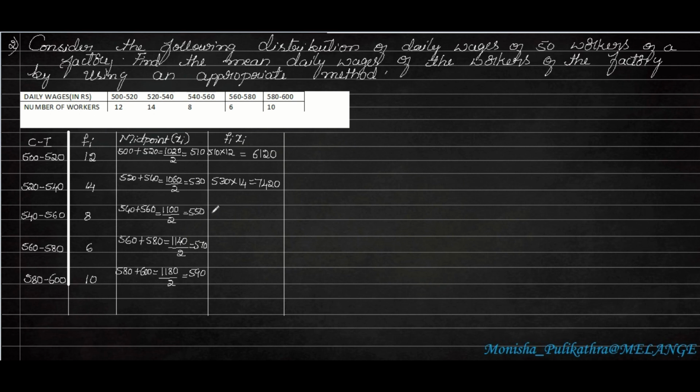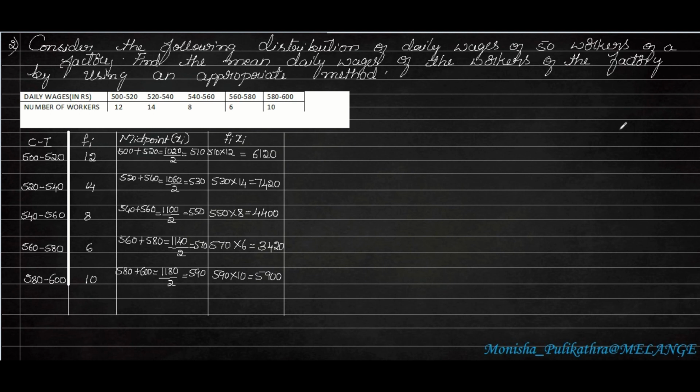Okay. Next, 550 into 8, so 550 into 8 is 4400. Next, 570 into 6. So 570 into 6 is 3420. Next, 590 into 10, so that is equal to 5900.